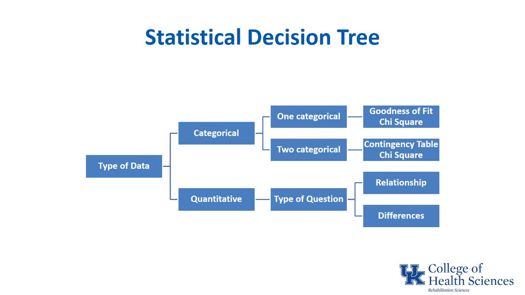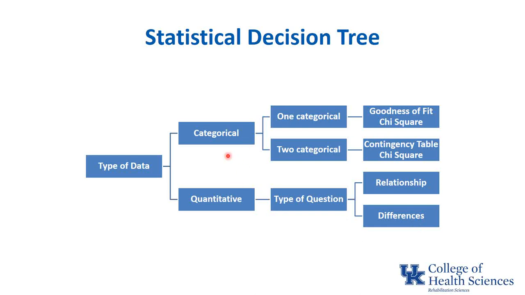So this is a statistical decision tree. We're going to talk about relationships down the road, so I'm going to focus today basically on differences. We have both categorical and quantitative data.